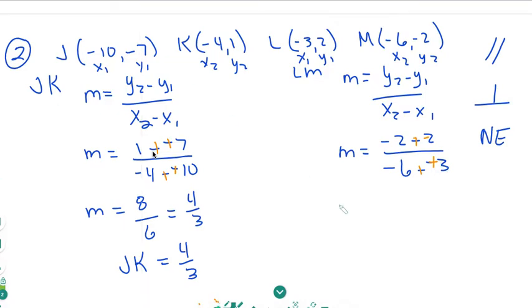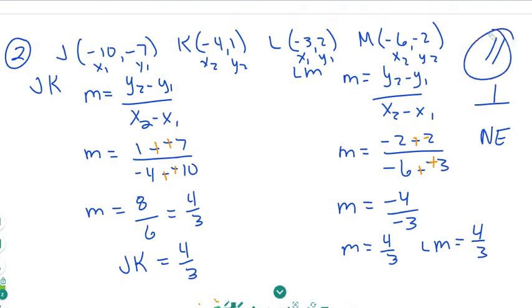And continue to simplify. M is equal to -4 over -3. If I have a negative divided by a negative, that's going to give me a positive. So m is going to be 4/3. The slope of LM is going to be 4/3. Because the two slopes match, we have parallel lines.